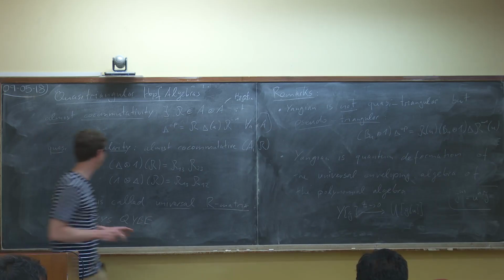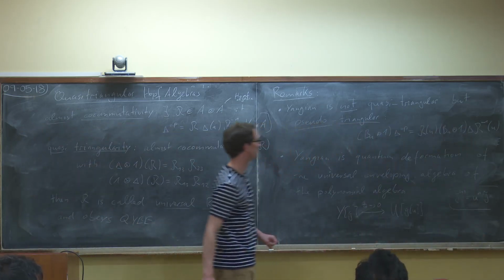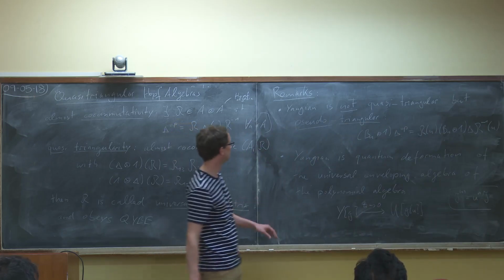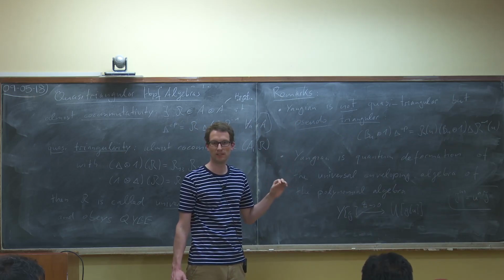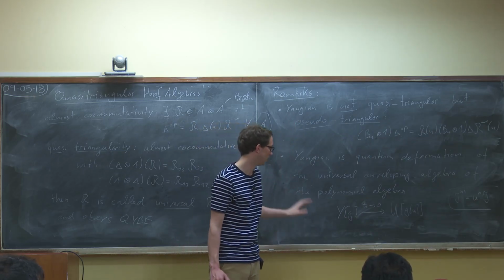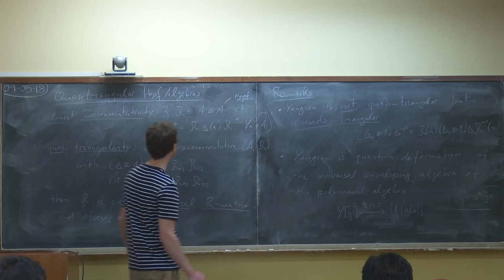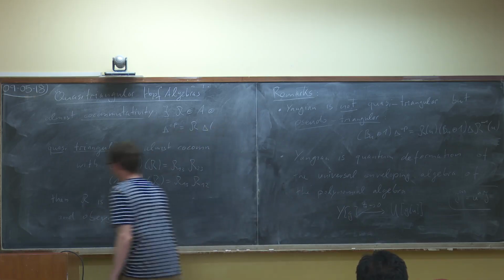So this is just a bit about the context. This is maybe important to emphasize because sometimes it's not so clearly stated where the Yangian actually belongs, and I guess it is interesting to see what happens when h bar goes to 0.